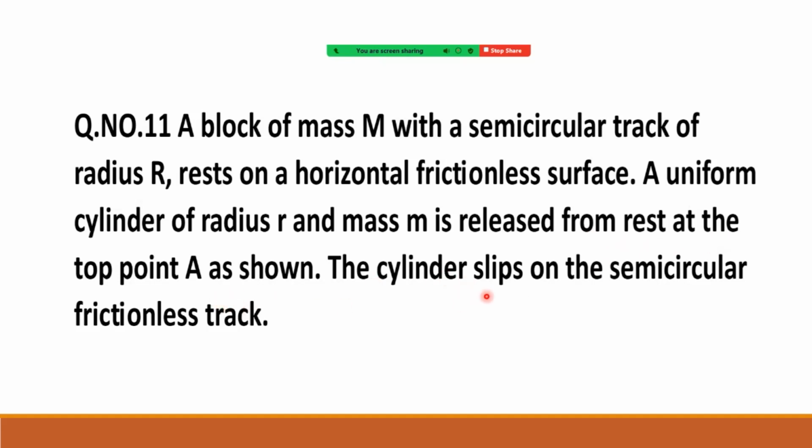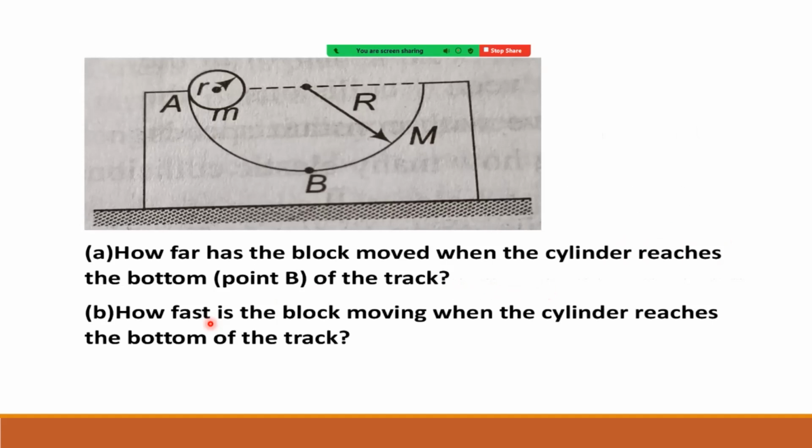The cylinder slips on the semicircular frictionless track. This is now the diagram for that. The cylinder is now slipping, right? How far has the block moved when the cylinder reaches the bottom of the track?